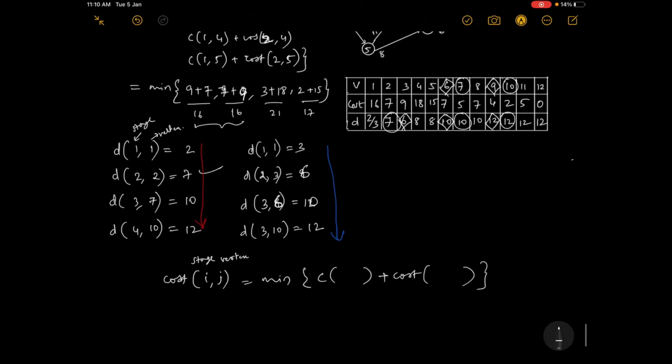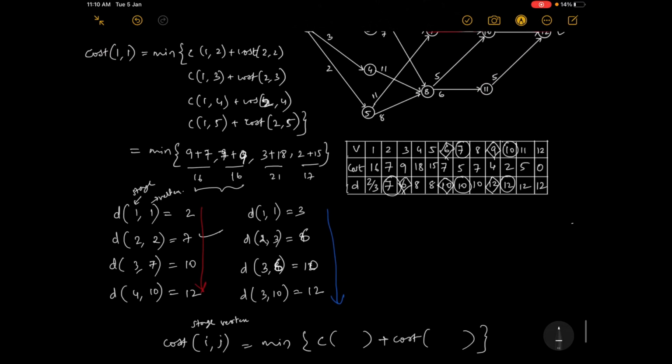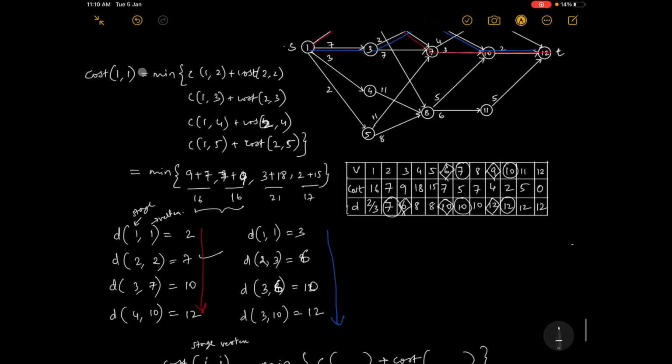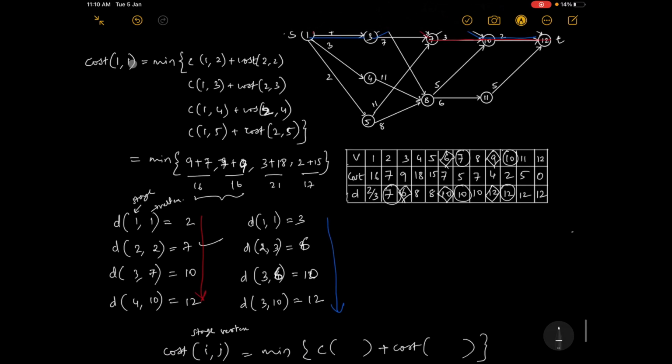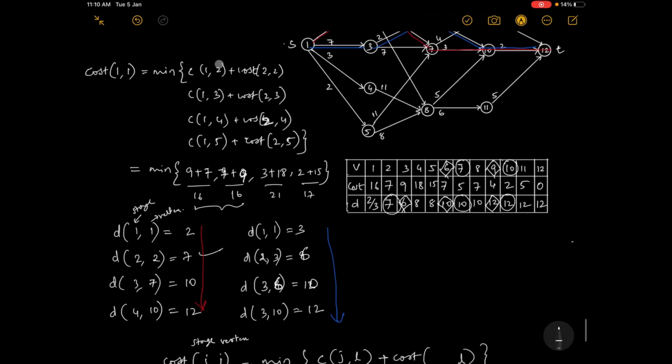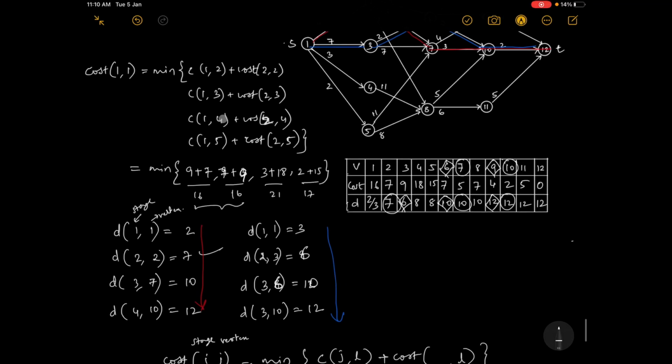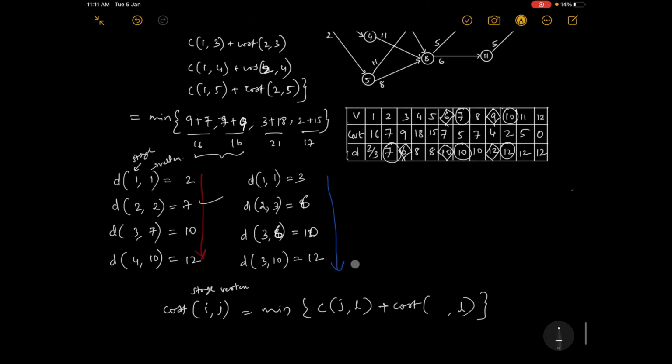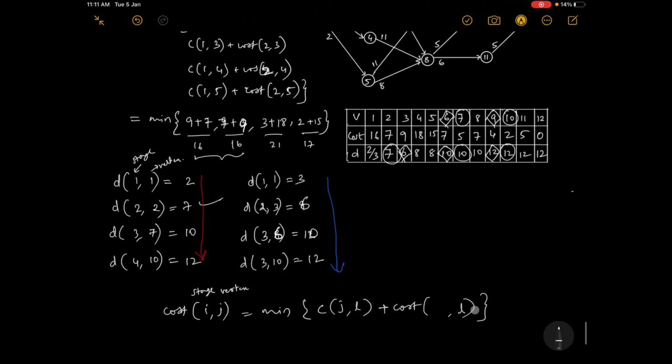You can observe, if I have taken this as 1, this is the stage, this is the vertex. If I have taken the vertex as j, comma, whatever l may be, any next vertex. If here it is 2, here it is 2; if it is 3, here it is 3; so 4, 5, 5. So if here it is l, here also l.